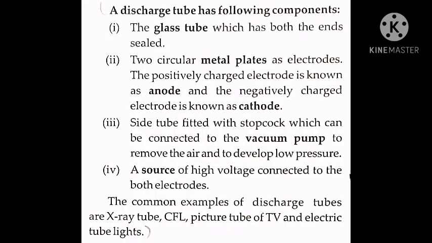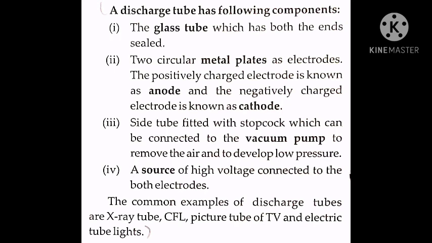A discharge tube has the following components: the glass tube, which has both the ends sealed, two circular metal plates as electrodes. The positively charged electrode is known as anode and the negatively charged electrode is known as cathode.